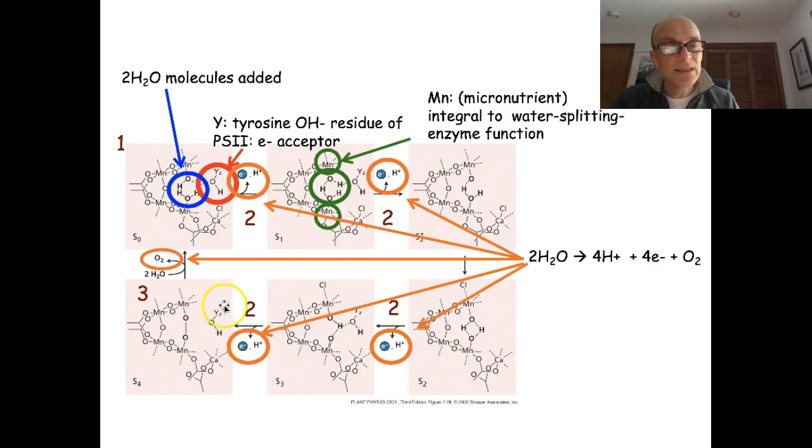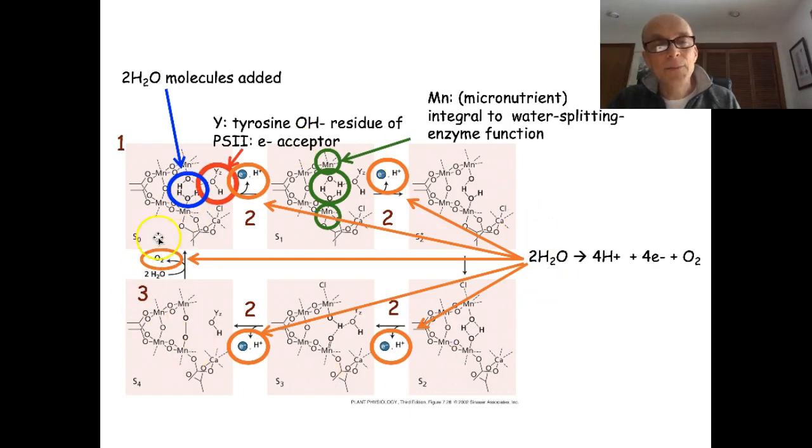You see that this part of the protein, the tyrosine part of the photosystem 2 protein, is now no longer bound. It's no longer interacting with the two water molecules because all the hydrogens are gone, along with the electrons, and all that is left and still being held by the manganese is the oxygen, the O2. Now that oxygen is released, and two new water molecules are added to the system.